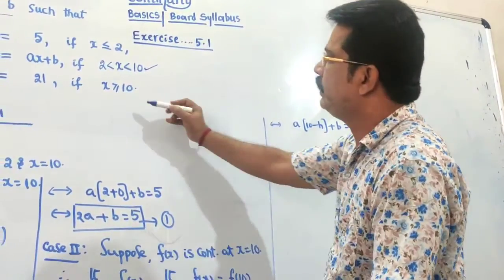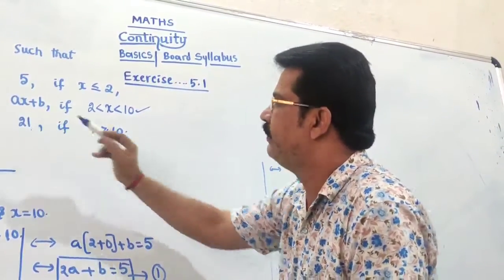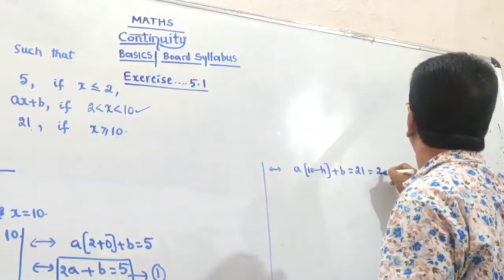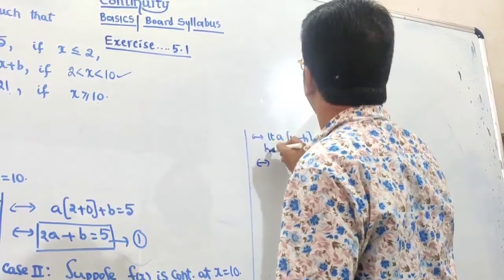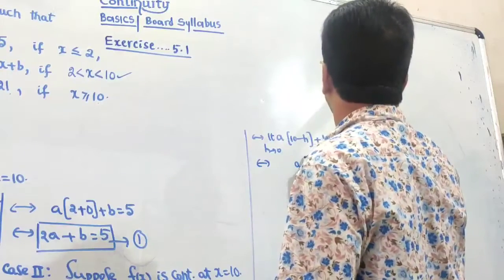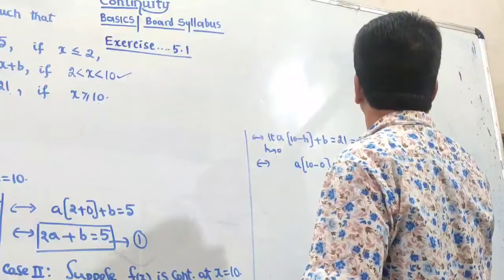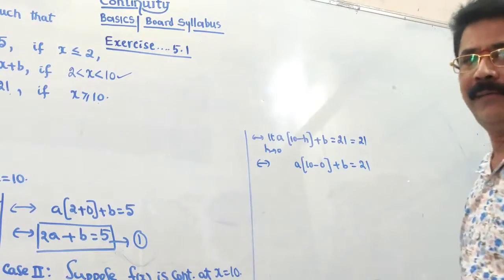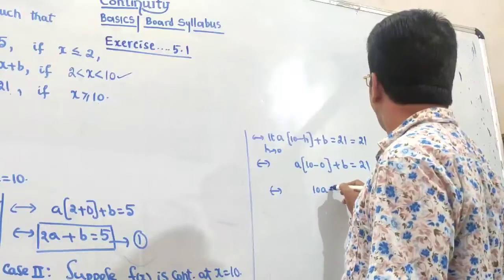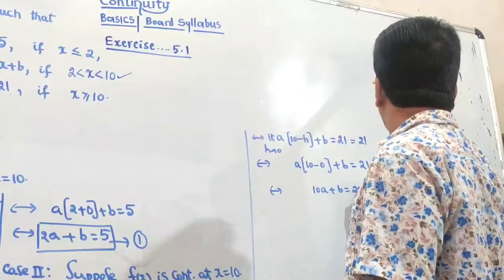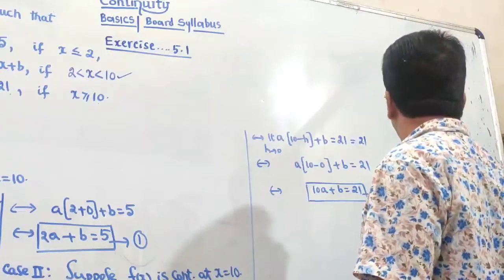That is equal to, in the case of x equal to 10, it is also defined the same, 21. So it is limit h tends to 0 of a into (10 minus h) plus b, that is equal to 21. So that implies 10a plus b equal to 21. Let it be equation number 2.